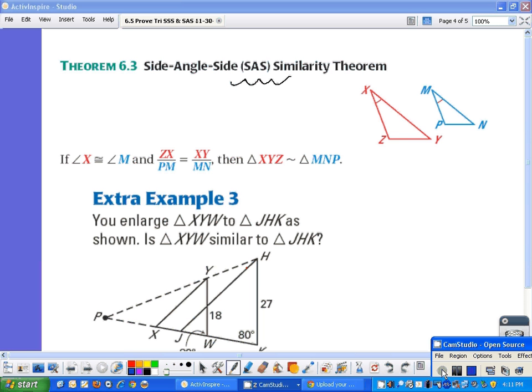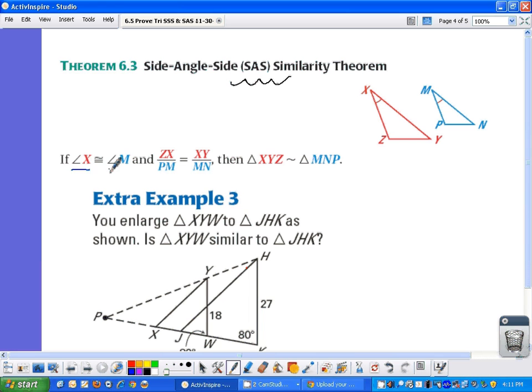So for the theorem, we have drawn triangle XYZ that is the same shape but a different size than triangle MNP. We know that angle X and angle M are congruent, and they're marked on the drawing as being so.